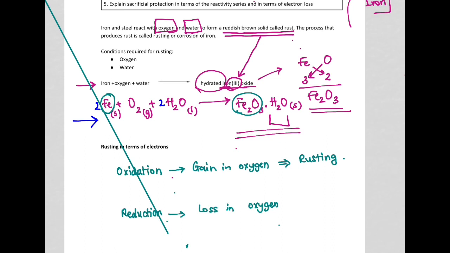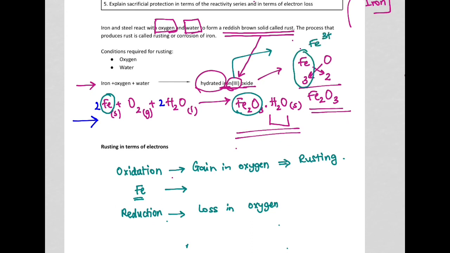But if you look at the iron as well, it changes from Fe to iron(III) oxide. Iron(III) oxide contains iron with charge Fe3+, because the valency of iron here is 3. So it goes from Fe to Fe3+. If it has gone from here to here, it means that there has been a loss of electrons.